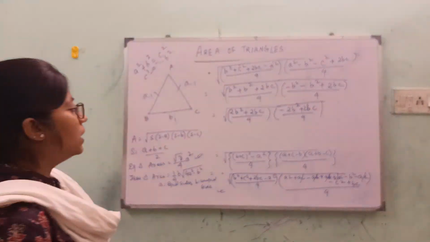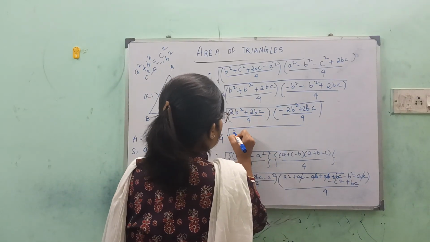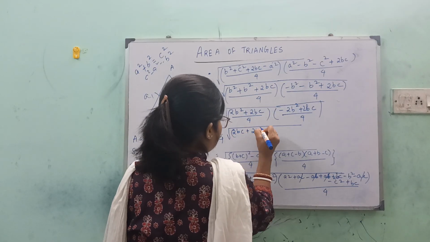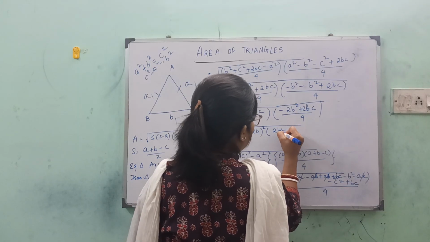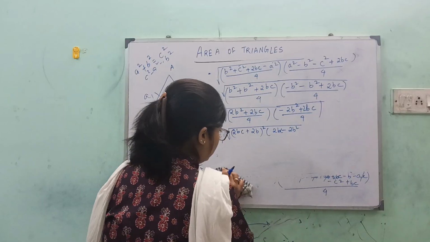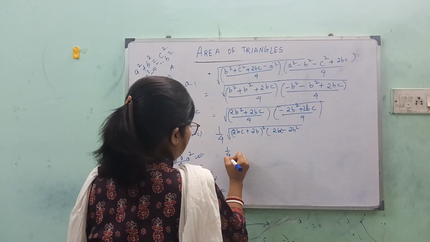The 16 will be out of the root, so it becomes 1 by 4. That is reduced now. Now here we have 2bc plus 2b², and we have 2bc minus 2b². All right, so this becomes 1 by 4.